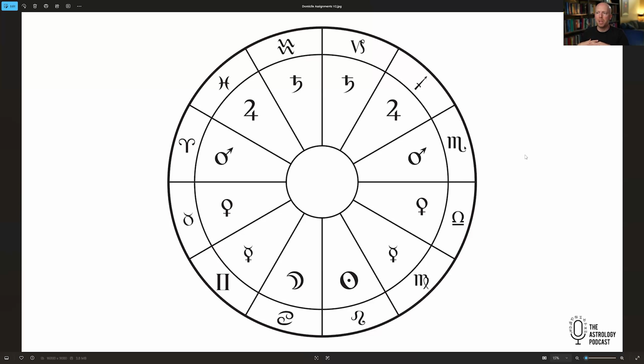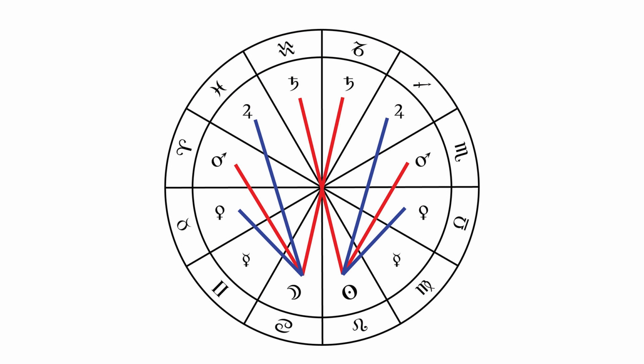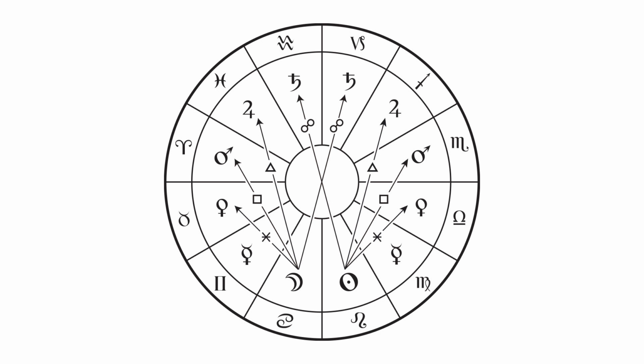So this scheme then becomes the rationale by extension for the nature of the planetary aspects. If you draw aspects from the luminaries, the sextile goes to Venus, the lesser benefic, the square goes to Mars, the trine goes to Jupiter, and the opposition goes to Saturn.